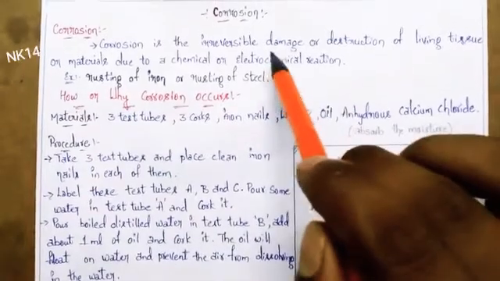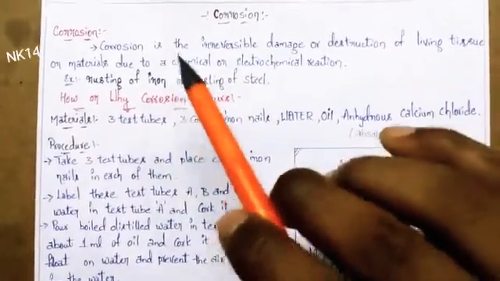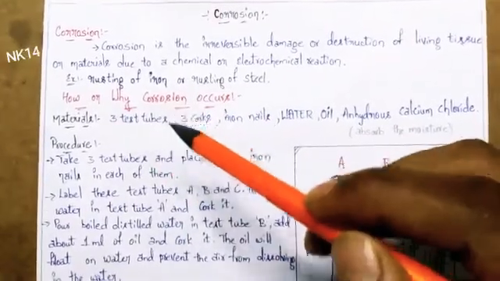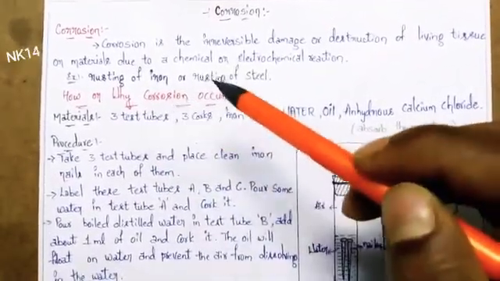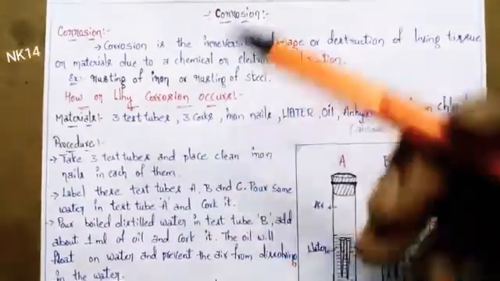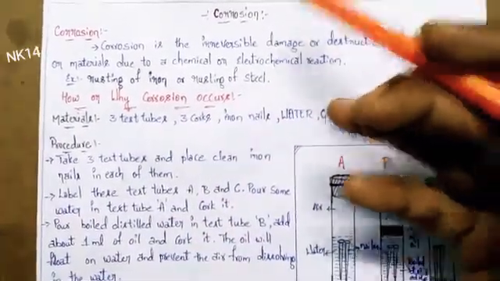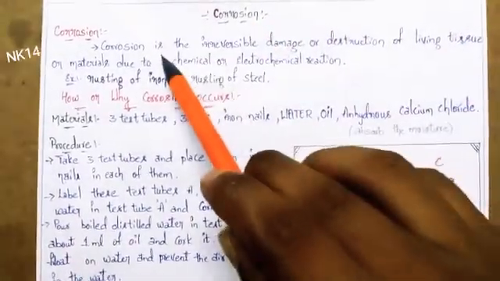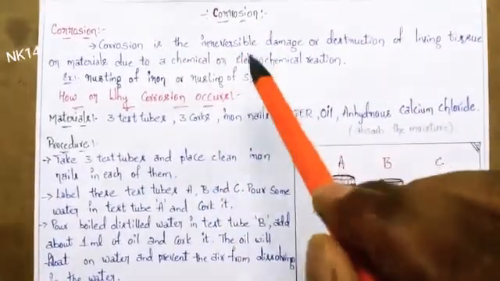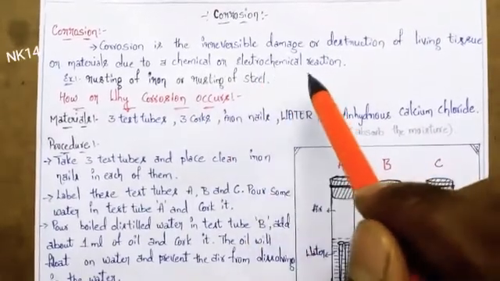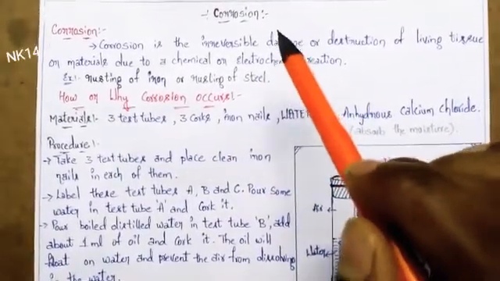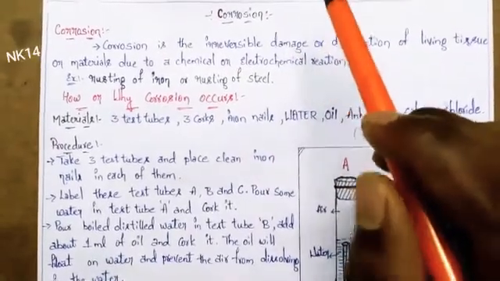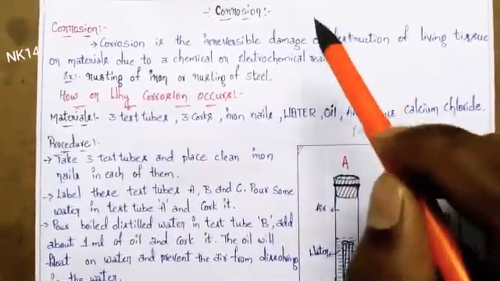So friends, according to this, corrosion means the destruction or irreversible damage occurring to any living tissue or material due to a chemical or electrochemical reaction. This is called corrosion.